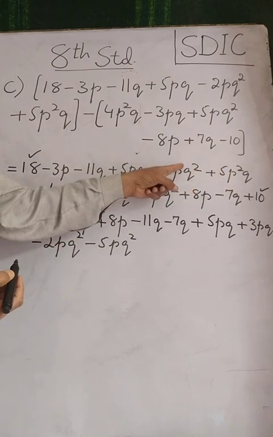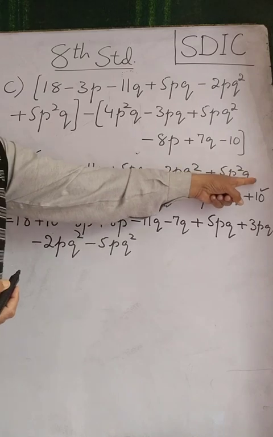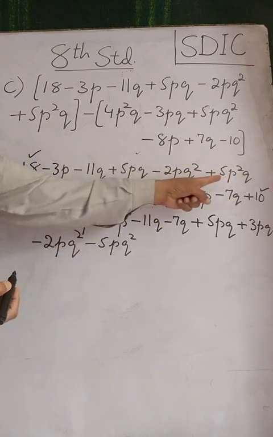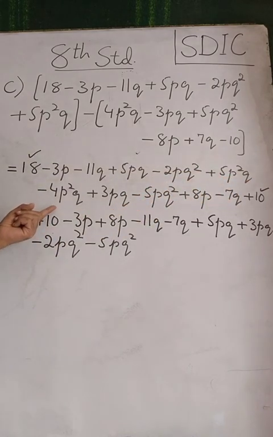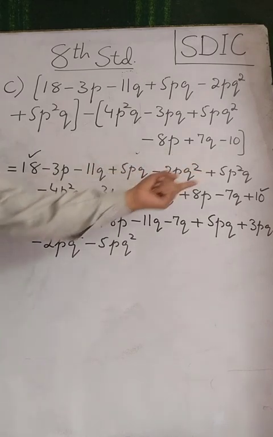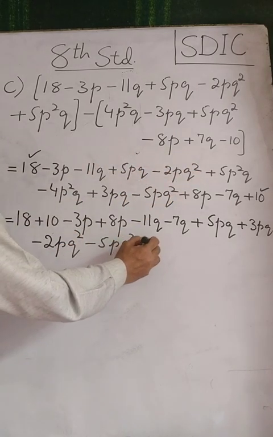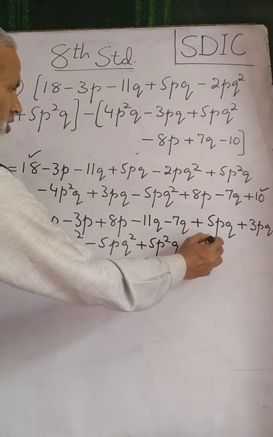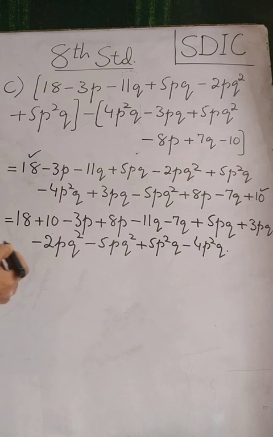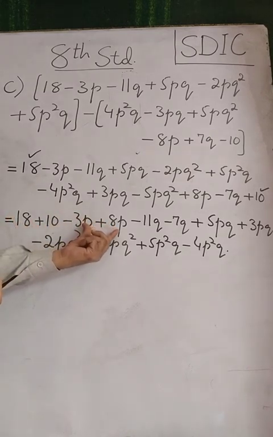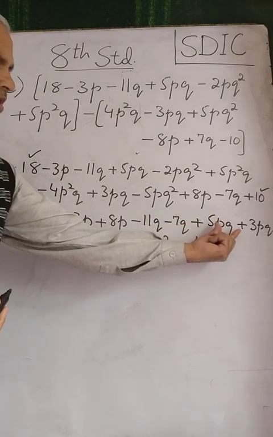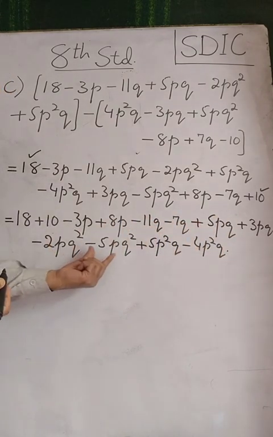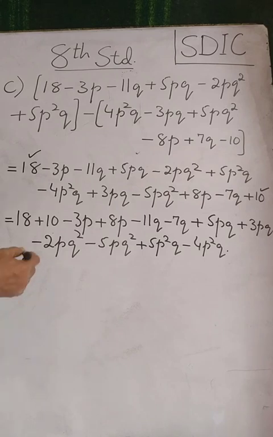Here we have the square on p, not on q. And we have two such terms, plus 5p square q minus 4p square q. So we collected different sets of like terms: constant terms, with variable p, with variable q, with pq, with pq square, and with p square q. Now these like terms we have to combine.